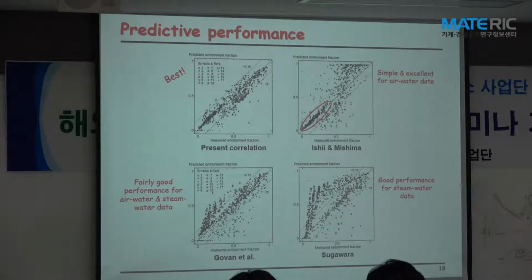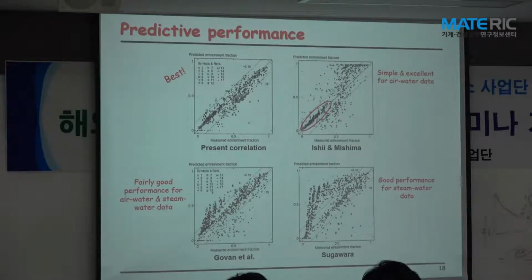Maybe the answer is: what is the experimental condition range of these experimental data sources? Some data come from atmospheric pressure air flow, atmospheric steam water, and some are from 70 bar steam water. So a very wide range of experimental data is included here. So I think it is reasonably okay.